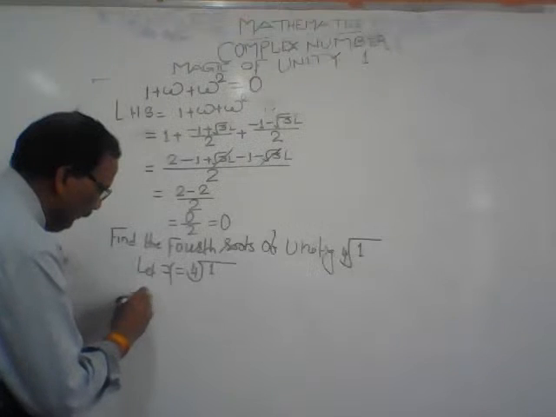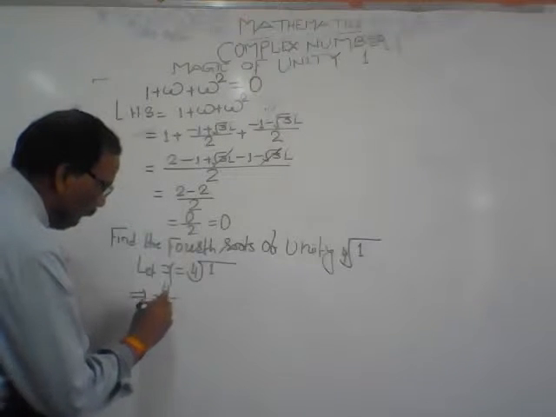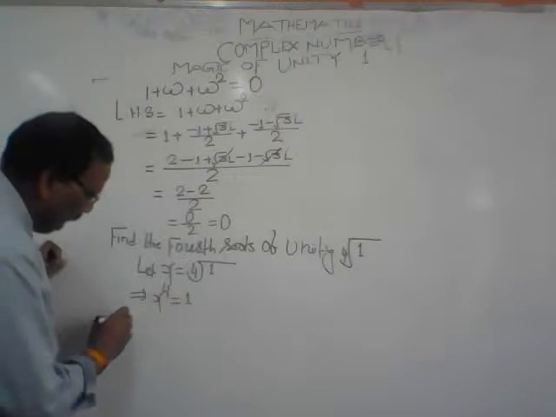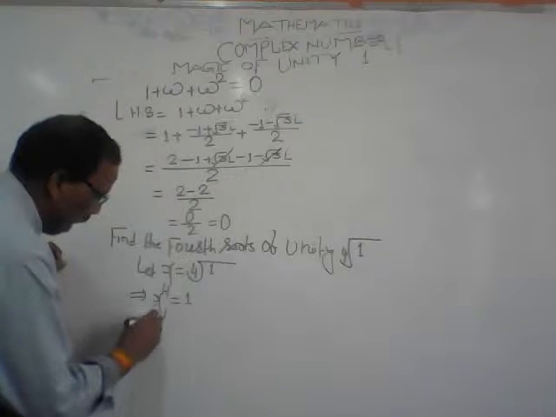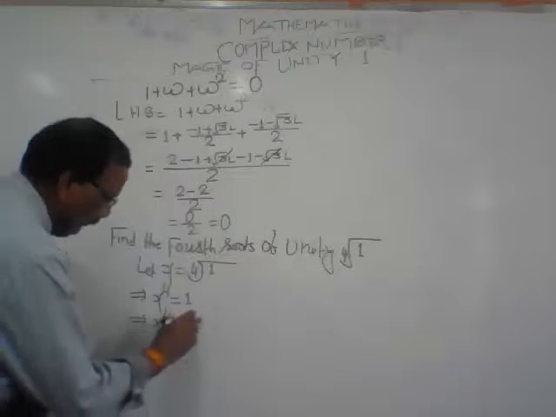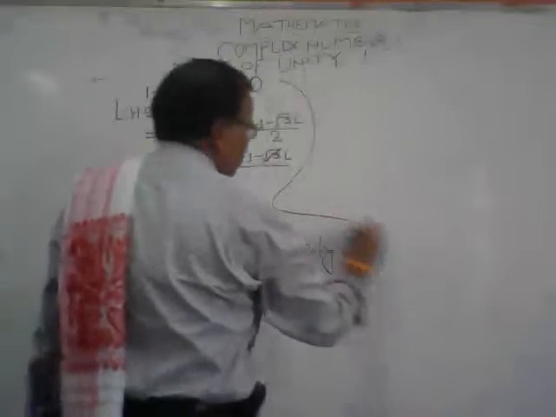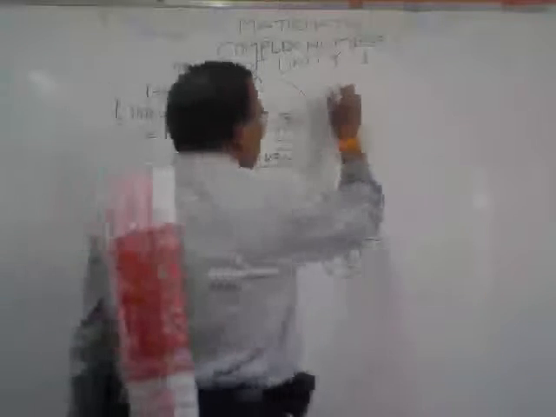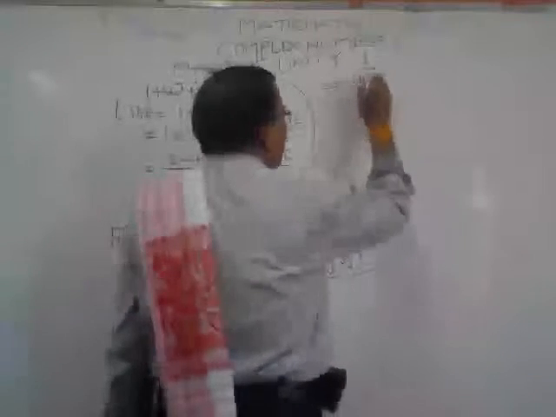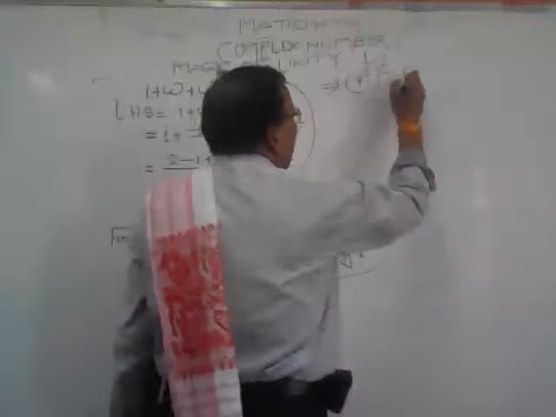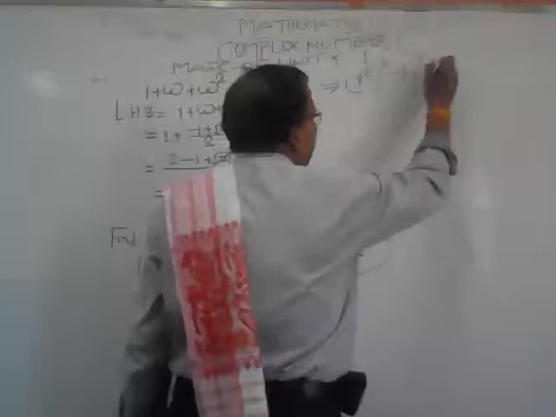This implies x to the power 4 is equal to 1. This implies x to the power 4 minus 1 is equal to 0. This implies (x squared) whole square minus (1) square is equal to 0.